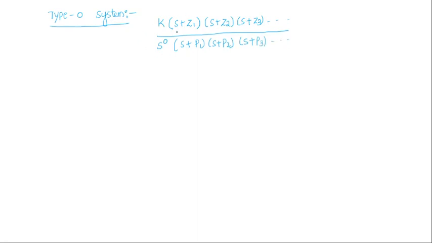So this is the type 0 system. Now try to calculate the positional error constant for the type 0 system.